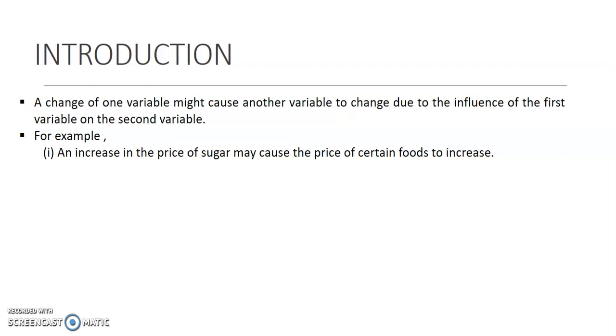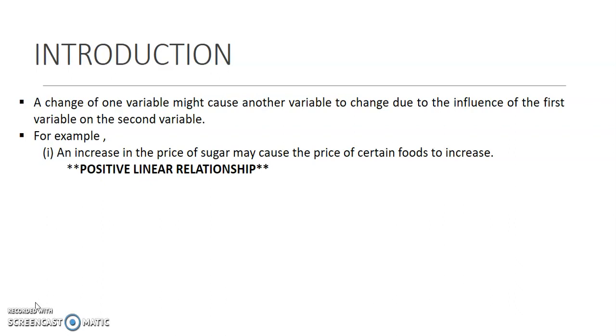So we can say that these 2 variables have a positive linear relationship, because an increase of one variable, the price of sugar, will cause the second variable to increase.